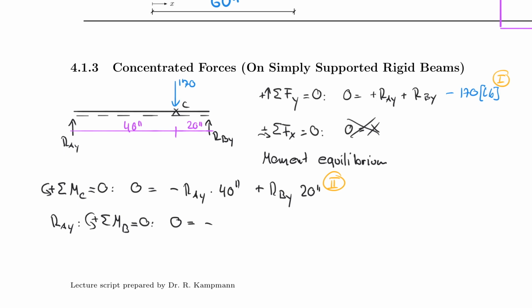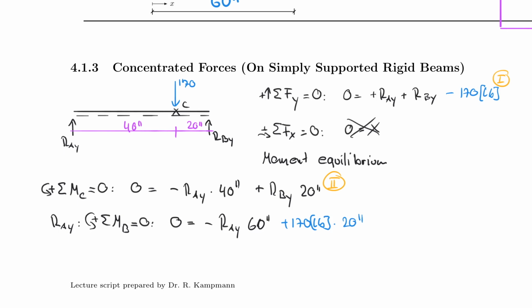So minus RAY multiplied by 60 inch. And then I have my 170 pounds multiplied by 20 inch. And this one turns counterclockwise, so therefore it is positive. All right, and now I can solve this equation, right? So RBY is not even part of it.